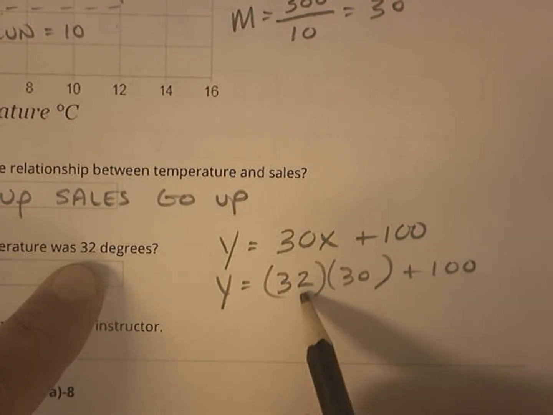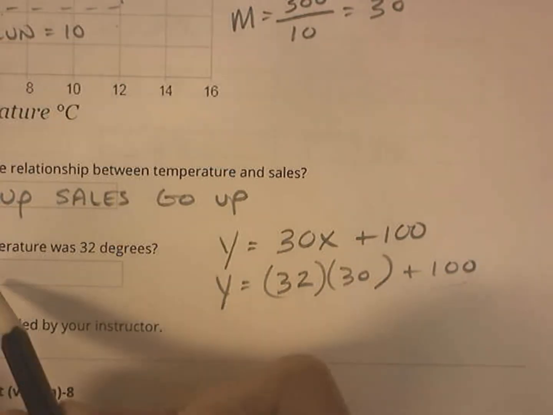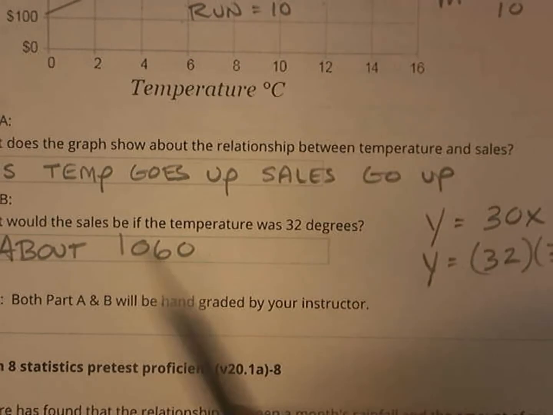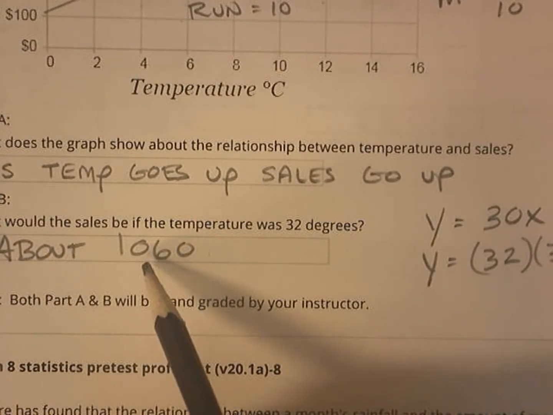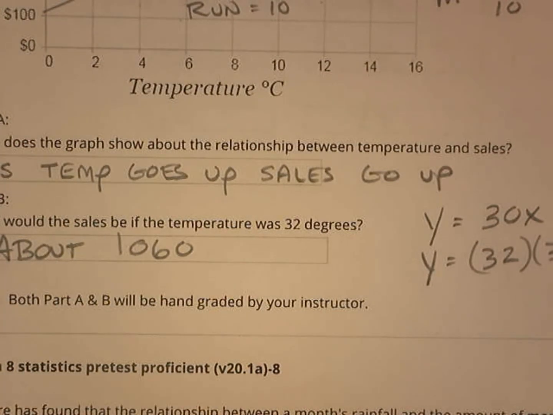So I did 30 times 32, which is 960. And then you add the 100, which gives you 1,060. So on a cold day, they're going to bring in about $1,060. I would accept a range of values. Probably anything between 1,100 and 1,200 would be acceptable.